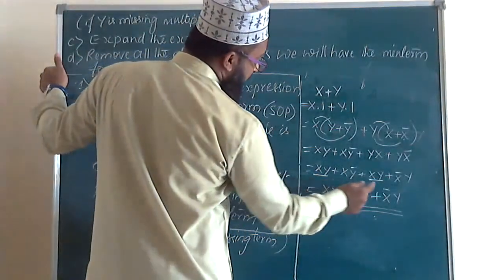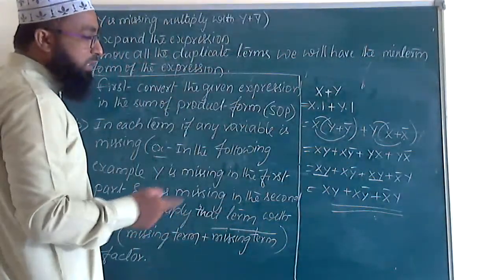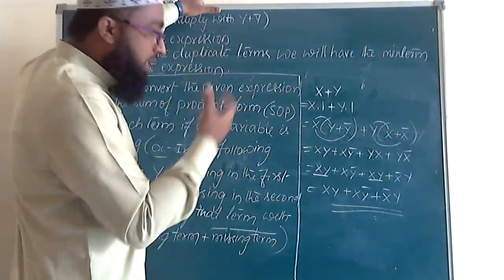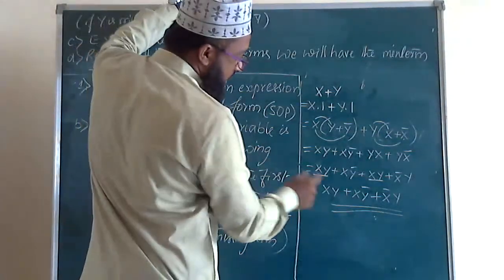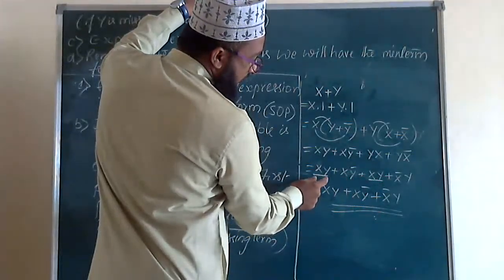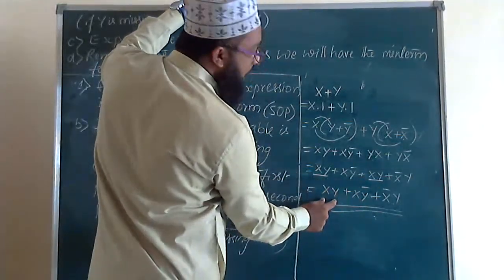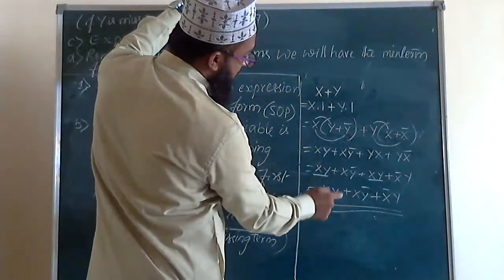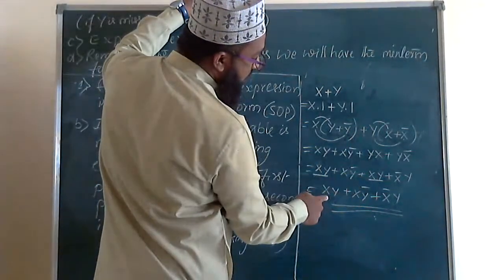Duplicate means if any term is present in the expression more than once, that is called a duplicate term. So here x y is present two times. Write down that x y just one time. Then write down x y bar, and leave this one because we have already written it.